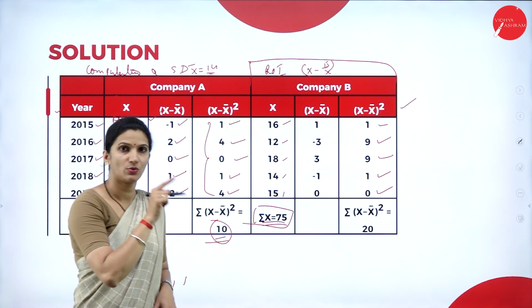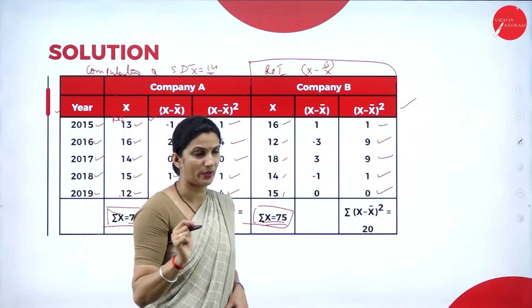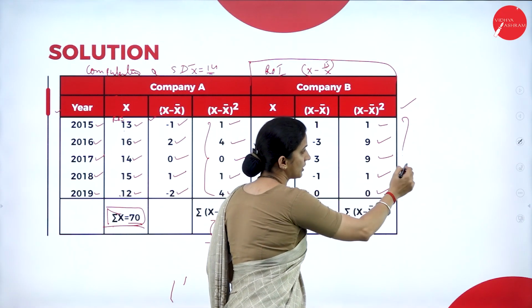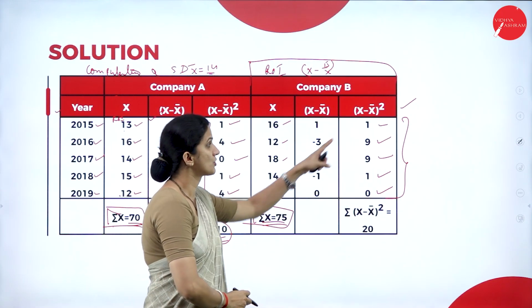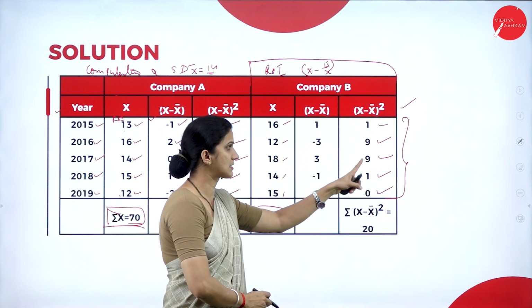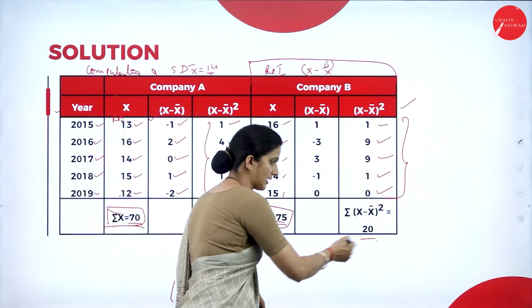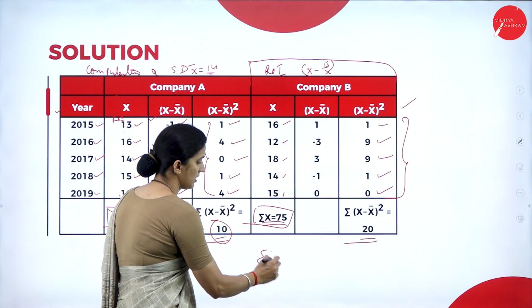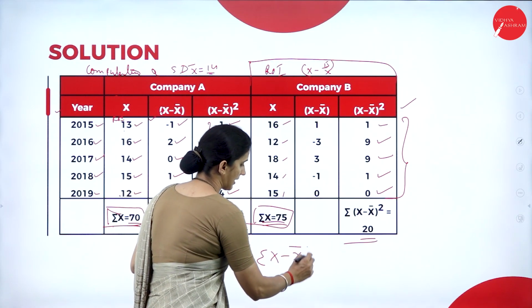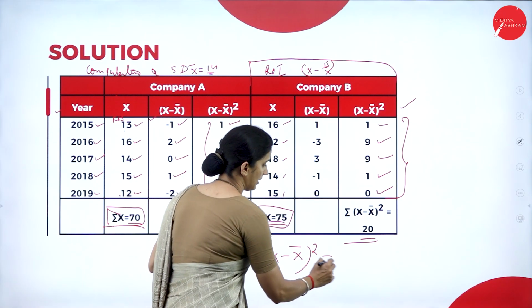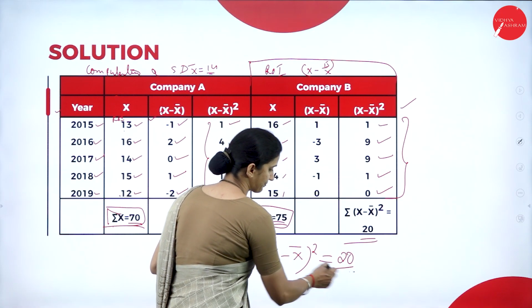So now we got X minus X bar whole square. Now we'll do the total of this. 1 plus 9 is 10, 19 plus 1, total it is 20. So your sigma X minus X bar square is 20.